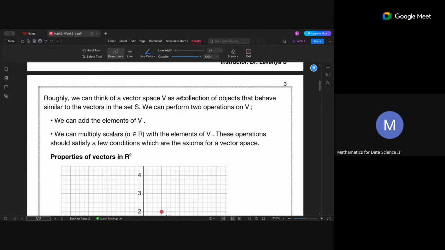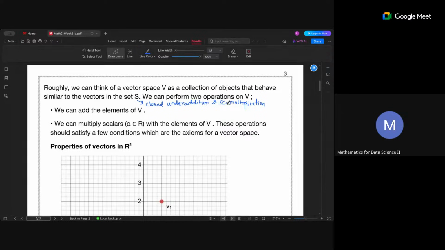Roughly, we can think of a vector space as a collection of objects that behave similar to the vectors in the set S, where this set S is closed under addition and scalar multiplication. So we can perform two operations on the elements of V. What can we do? We can add the elements and we can do scalar multiplication. Okay, fine. And there are a few more things apart from just closure under addition and scalar multiplication. So let's see them one by one.